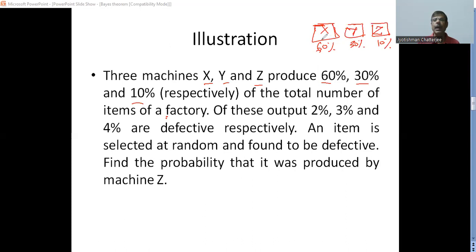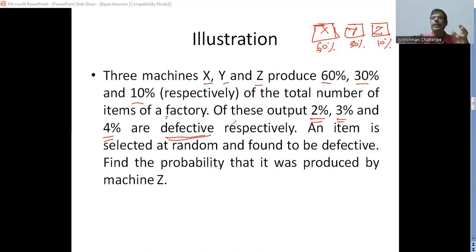Among the outputs of machine X, only 2% are defective. And the production of machine Y has got 3% defective items, and the items produced by machine Z has got 4% defective items. That's given.